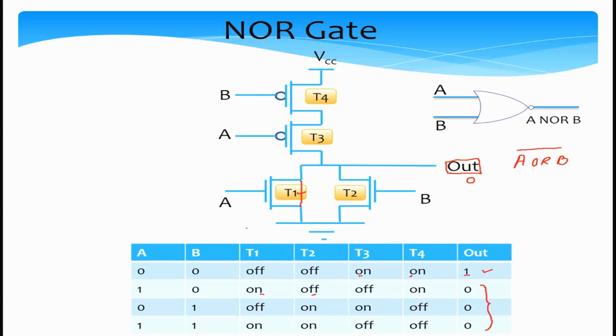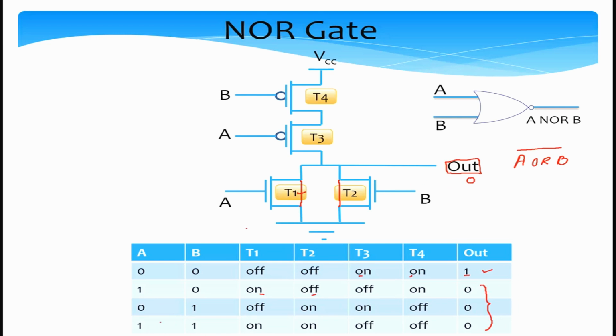As a result, the supply is not connected with the output line. But out of T1 and T2, T2 is on, so this has become a closed circuit. As a result, the output terminal is connected to the ground via T2 and its voltage is 0.